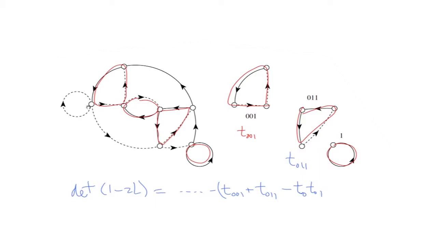Or I can take this one and this one. That's minus, this is T1, T0, 1. I interchange the 2. And that's all I can do at length 3.